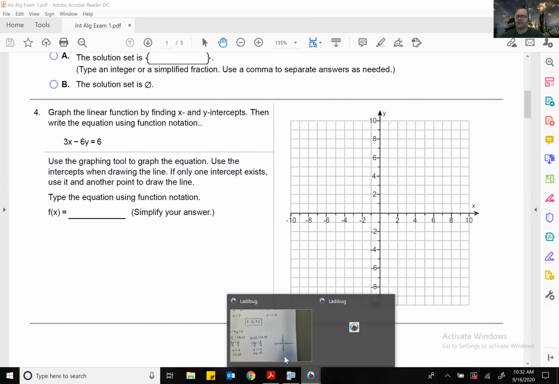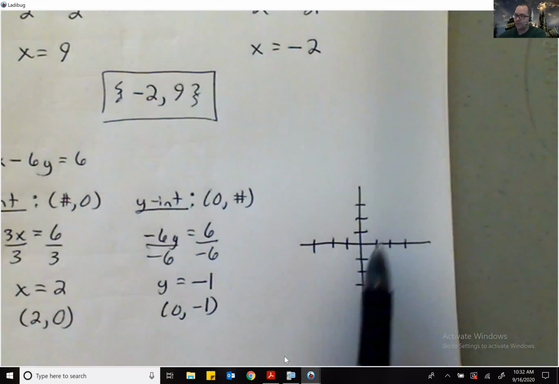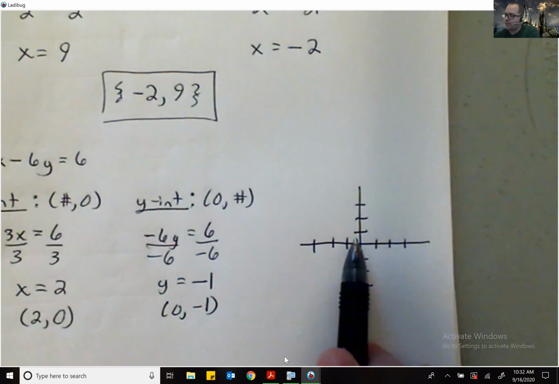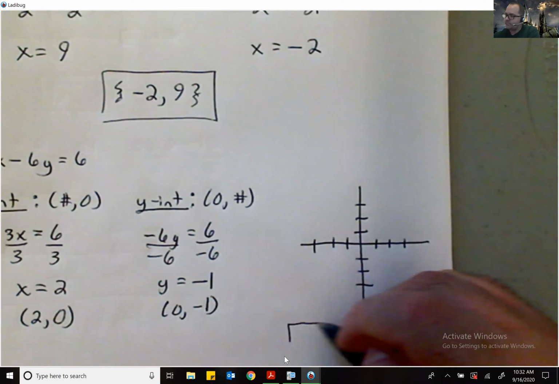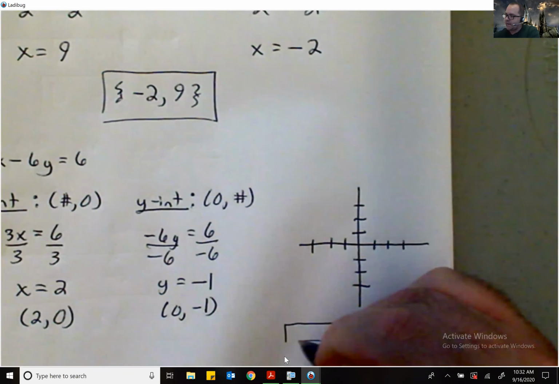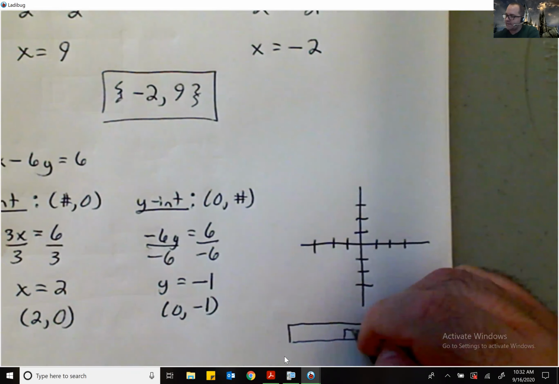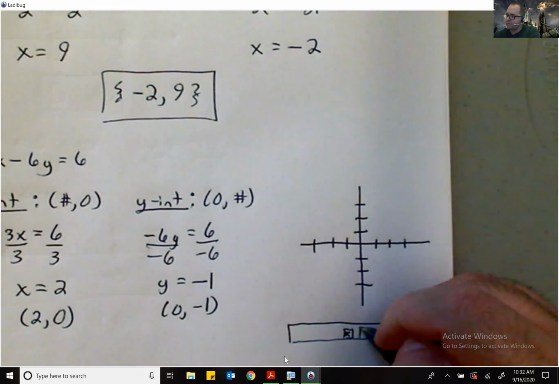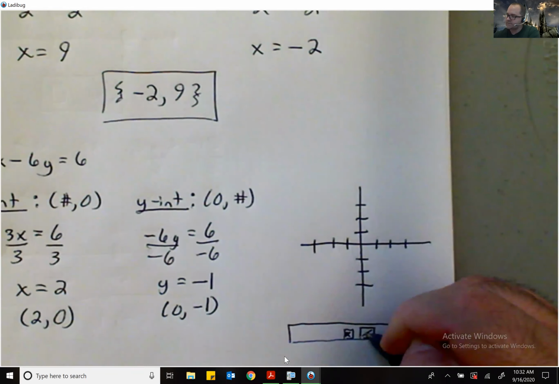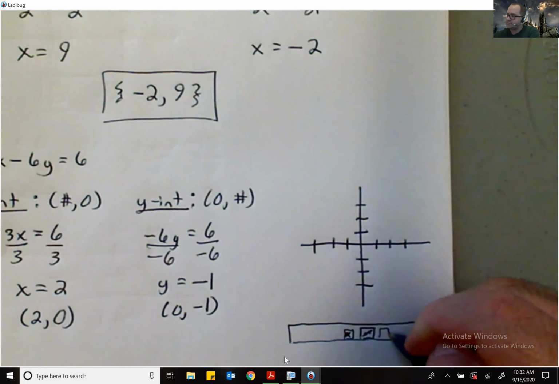You've got a tool that's like an arrow for selecting, a line tool that has like 2 dots on it, and lots of other tools that follow behind it.